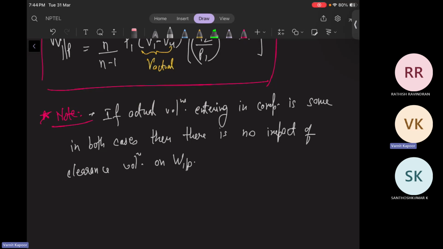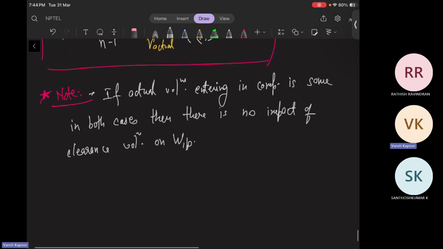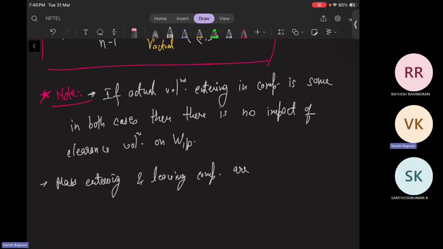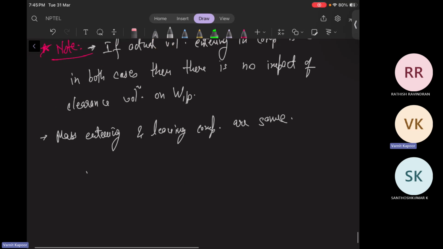And the mass entering and leaving the compressor is the same here in the second case. That is, M1 minus M4 is equal to M2 minus M3.